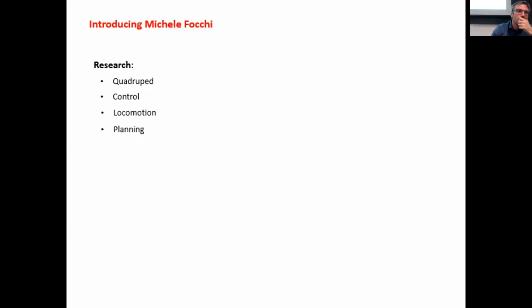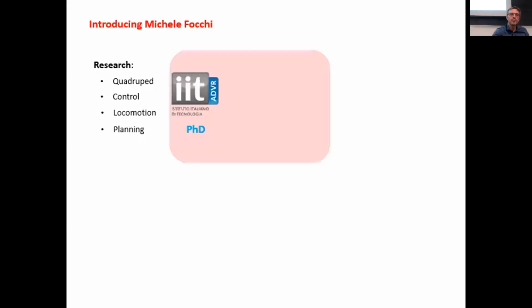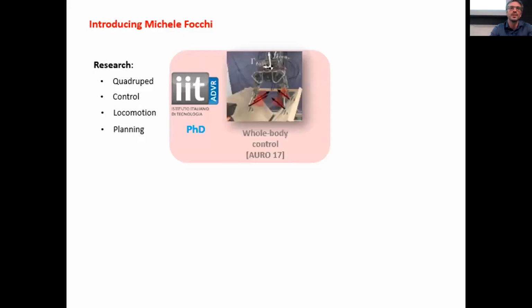Then from control, I moved to locomotion and planning. Planning trajectories to move, to make the robot move on rough terrain, on rocks, on moving soft terrains, and you need to plan trajectories for each leg and each foot and for a central mass to move around.